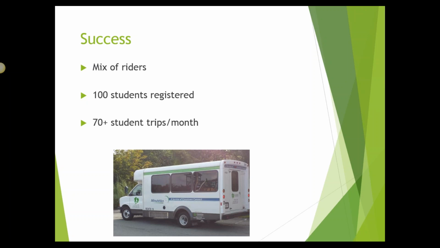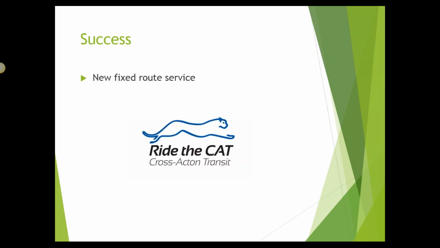We have about 100 students registered to use the service, and on average about 70 or more student trips per month. And on the last page, that's the new CAT service they put in, across Acton Transit, that goes around town, and ridership on that service has been building since it started, so that's been a great success.